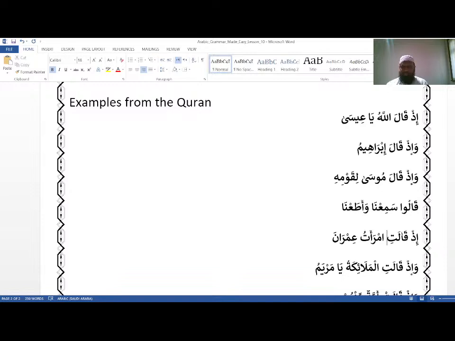So why is that muannas siga used here? Does anyone remember what we learned in the last lesson? The malakun is mudhakkar. Why is qalat, siga muannas, used here? Does anyone remember?